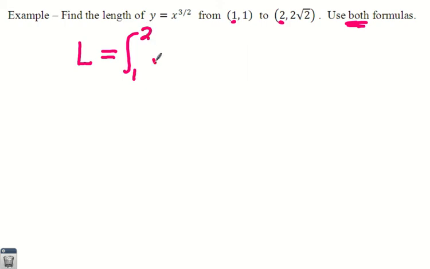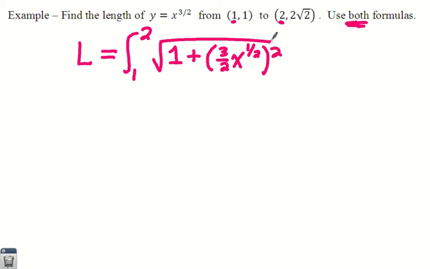And then from there, it's just a matter of plugging into the formula. So we have a 1 plus, and then here we have to do the derivative. What's f prime of x? That's going to be 3 halves comes down, x to the 1/2, squared.